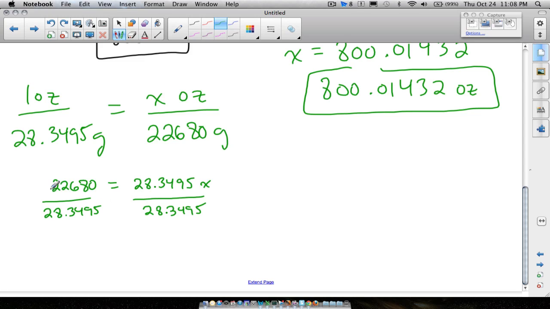Therefore, type this into the calculator because we are getting x by itself. 22,680 divided by 28.3495. Oh, if you type that into the calculator, you get 800.01411096. Look at these numbers we're getting a lot.